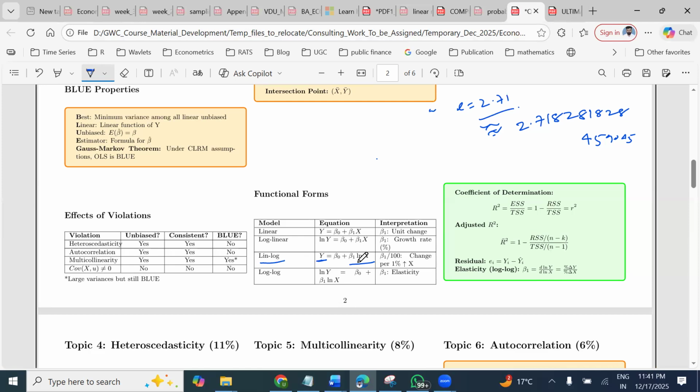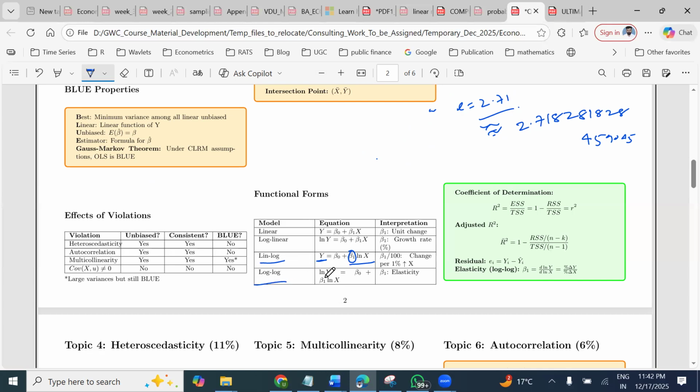If there is a 1% change in x, then whatever change there is in y will be in original units. Repeating, beta 1 refers to the change in y per 1% change in x. Okay, clear?